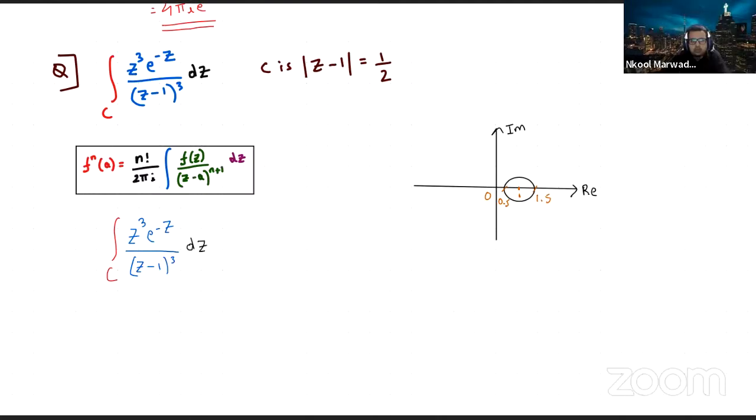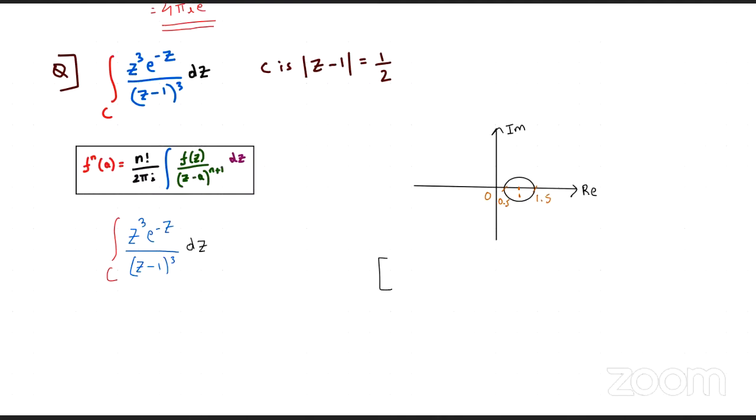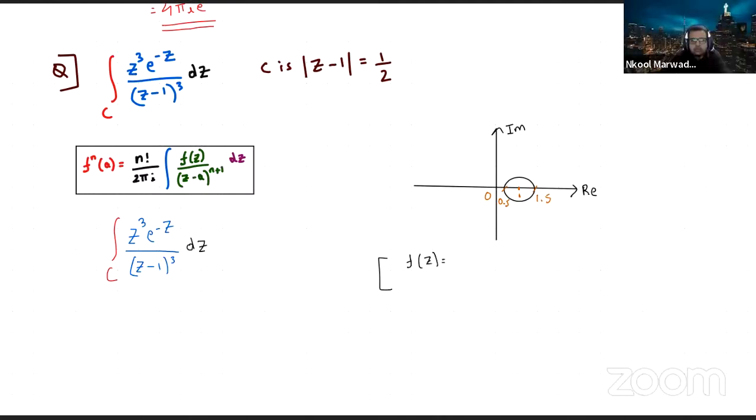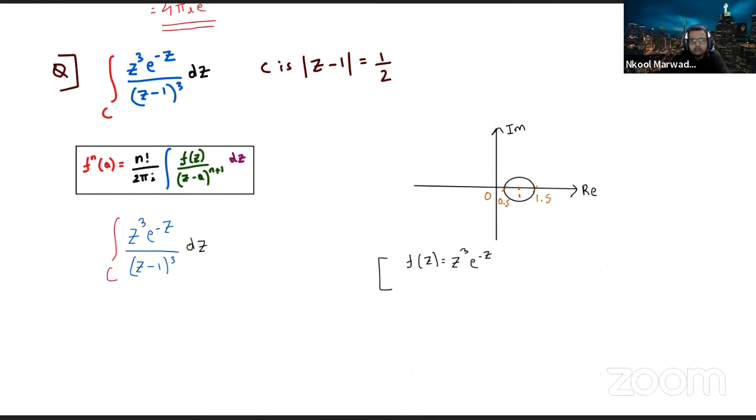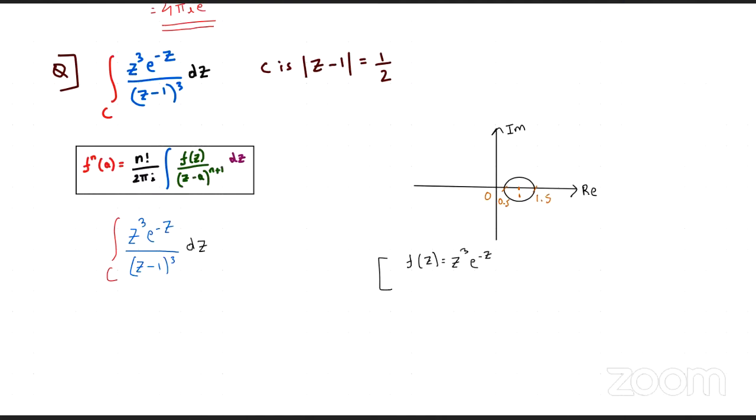Here, f of z will be z square into e to the power minus z. a will be 1 and n will be 2.